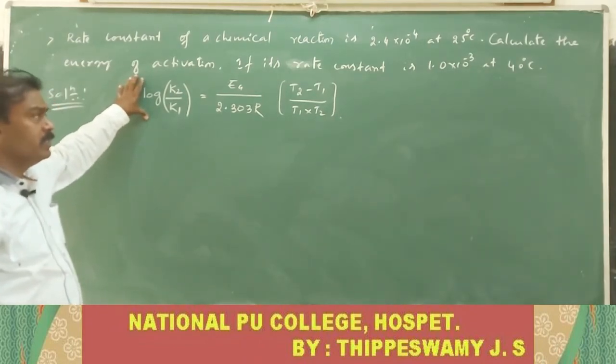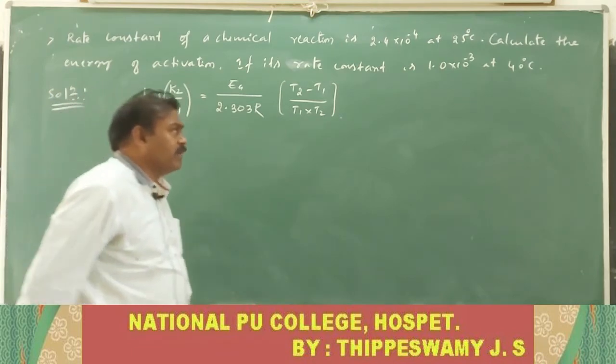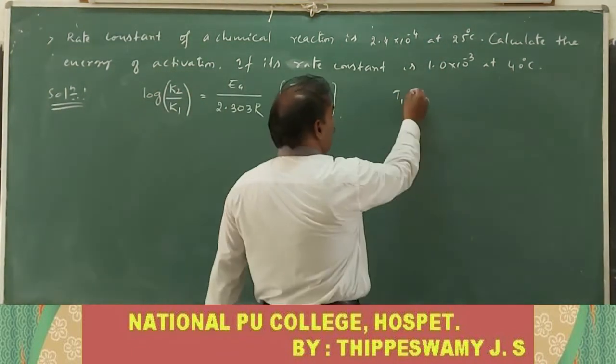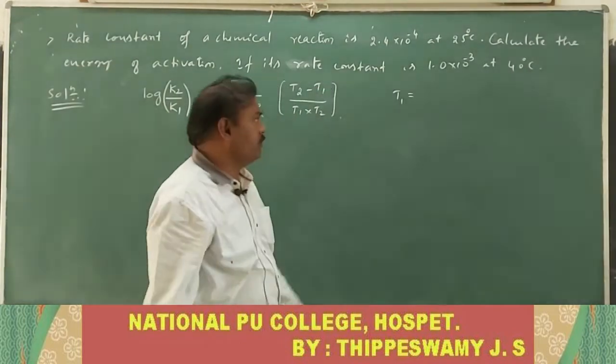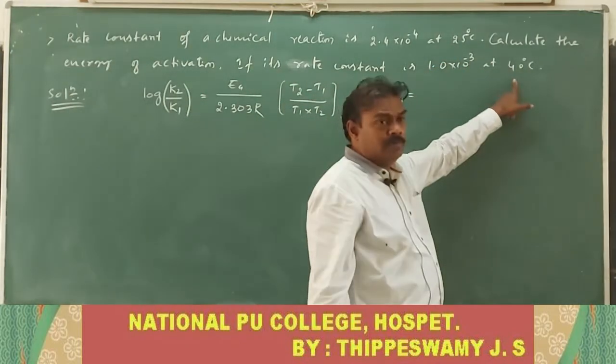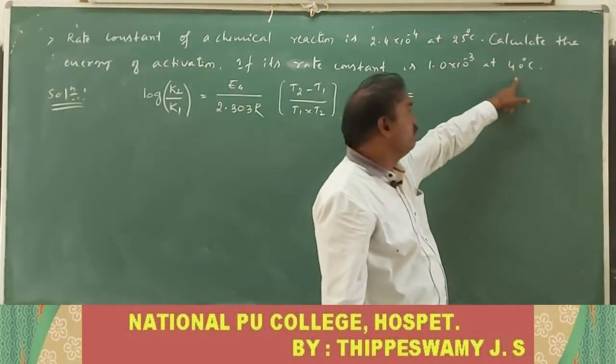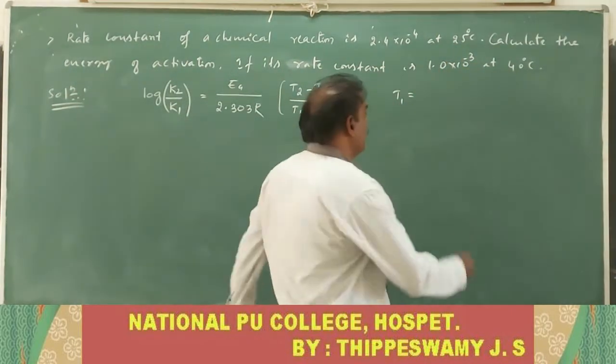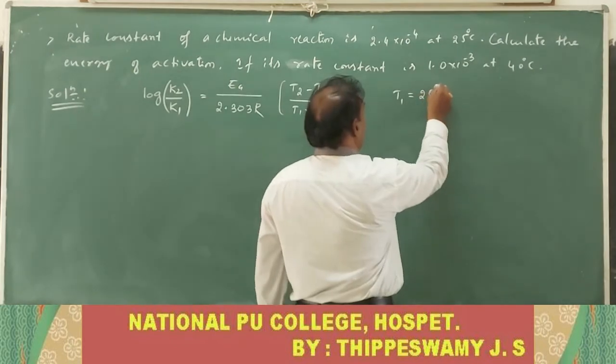Now how to take the value of T1? The value of T1 is the lower temperature among the 2 temperatures, that is 25 degree Celsius.